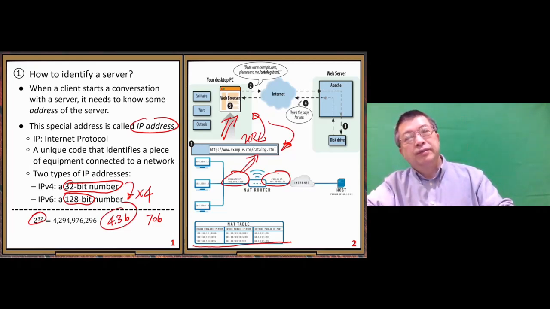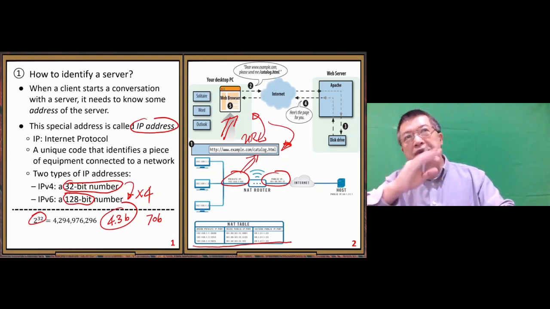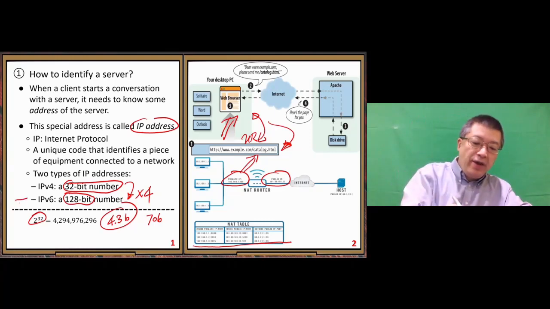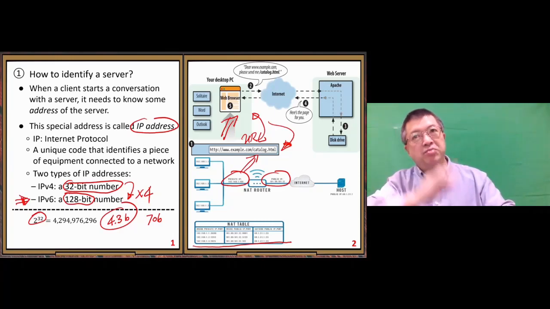Already, the IPv4 resource has run out. Several years ago, it already ran out. So that's the reason the second type of IP address must be created.